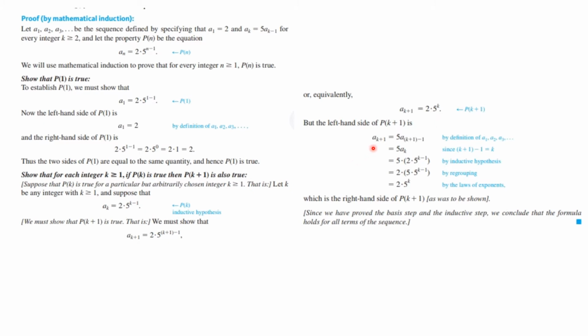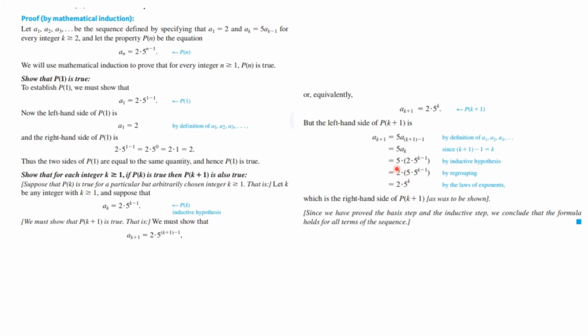So let's start with this. a sub k plus 1 is equal to 5 times a sub (k plus 1 minus 1). But we saw that this was equal to 5 times a sub k, since k plus 1 minus 1 is equal to k. That's just what we did up here. But then this is the same thing as 5 times, and then on a sub k, we're going to use our inductive hypothesis. And so we can say a sub k is actually this part right here.